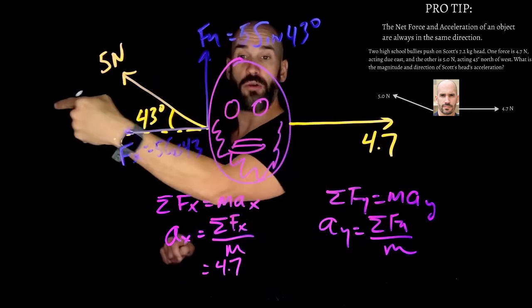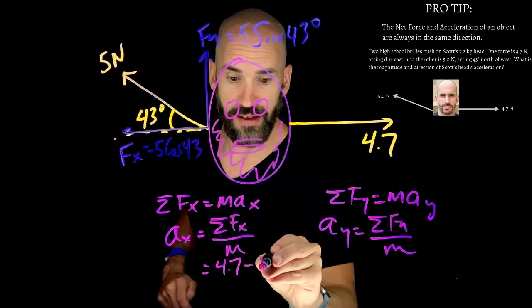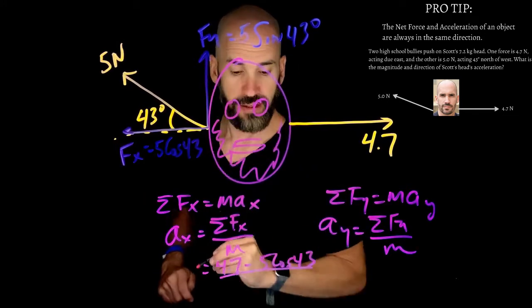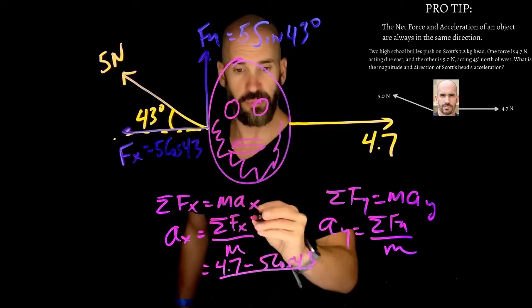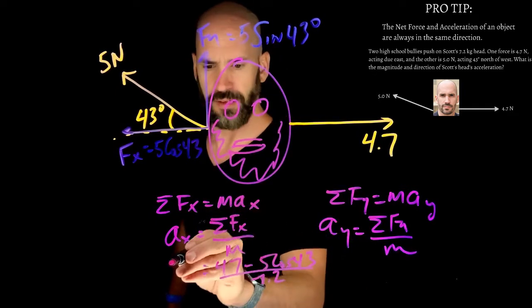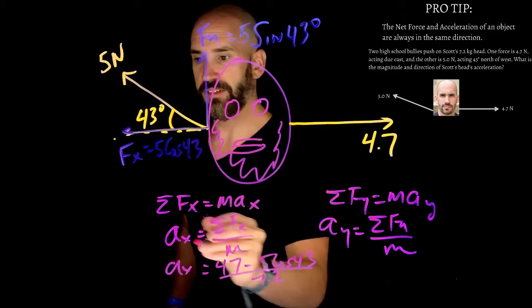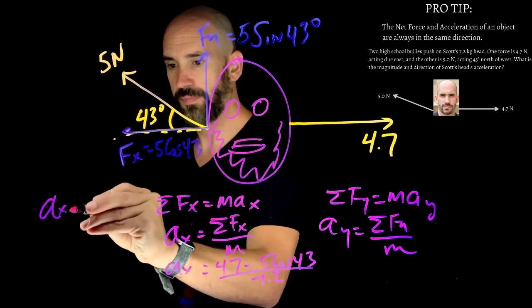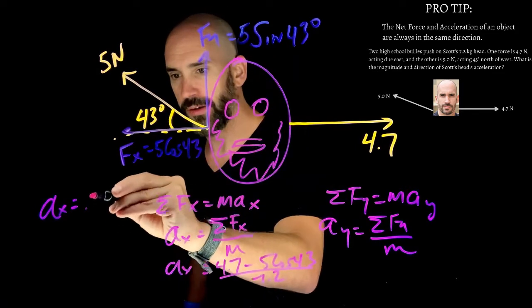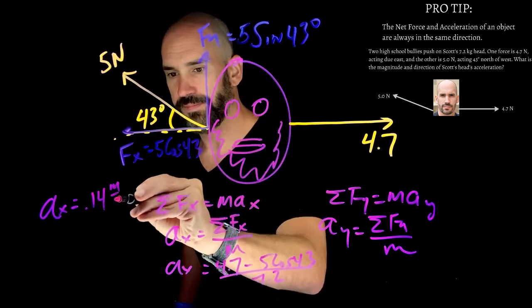Then I've got 5 cosine of 43 this way, so minus 5 cosine of 43. And all over, I've said that my head weighs 7.2 kilograms. I weighed it before this lecture. So this gives me an ax component of 0.14 meters per second squared.